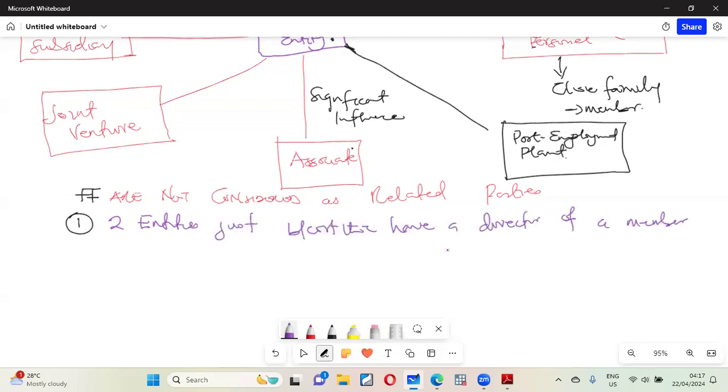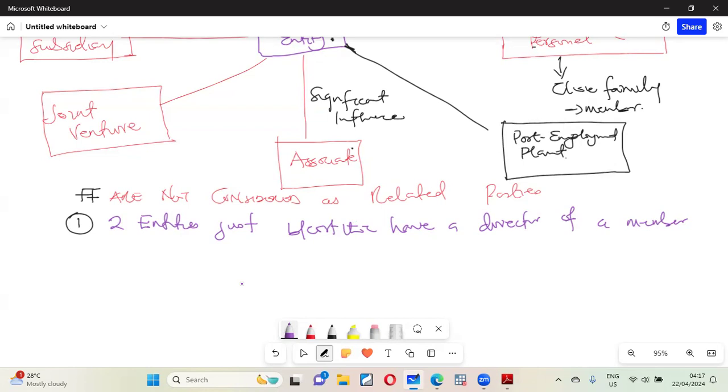So please kindly take note of that. Just because they have a key management personnel doesn't mean that they are related parties. Please take note of that.